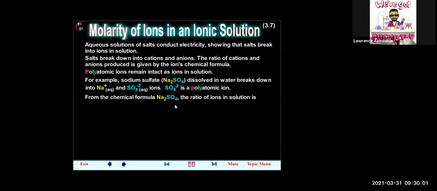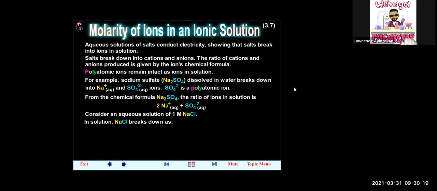From the chemical formula Na2SO4, the ratio of ions in solution is 2 Na+ aqueous plus SO4 2- aqueous. Consider an aqueous solution of 1 molar NaCl. In solution, NaCl breaks down as Na+ aqueous plus Cl- aqueous.